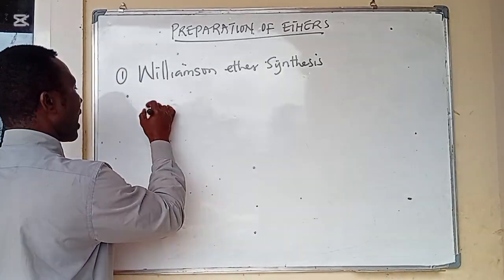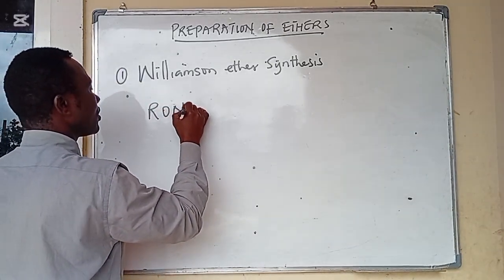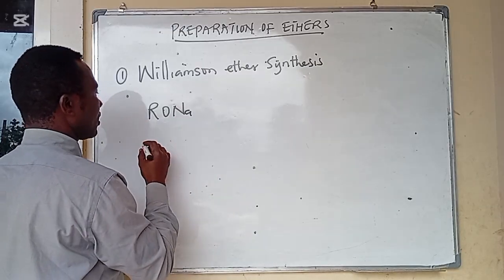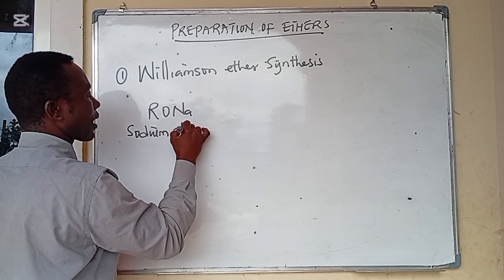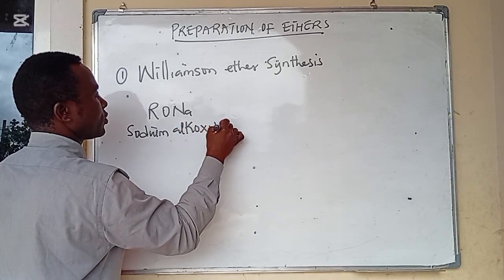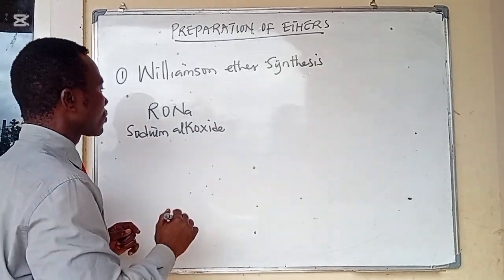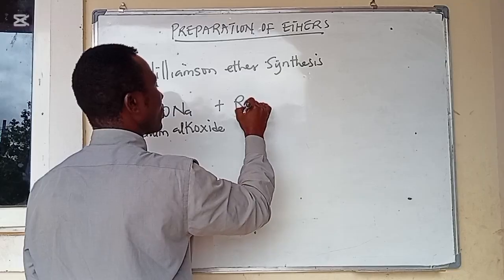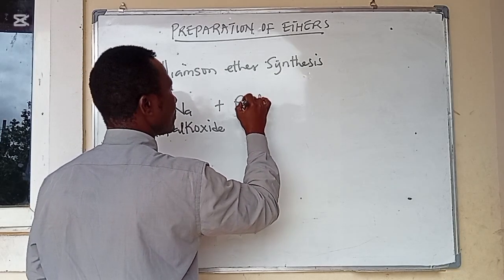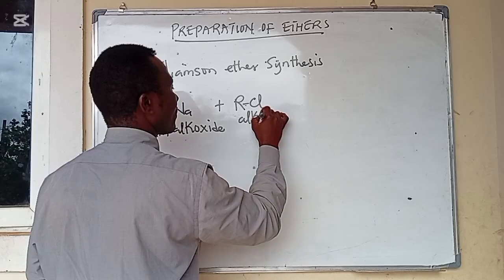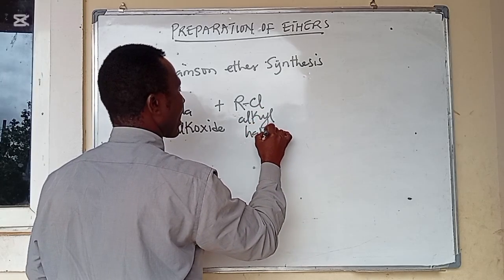Ether. Now the alkoxide is RONa. This is a sodium alkoxide. Sodium is best for this reaction. Now reacting with alkyl halide. This is an alkyl halide.